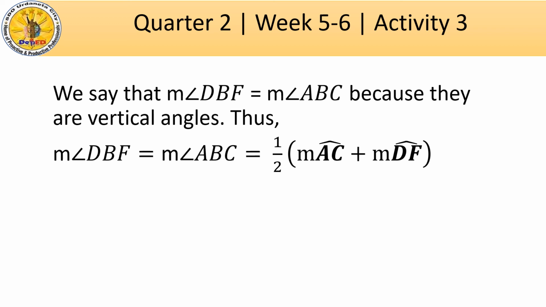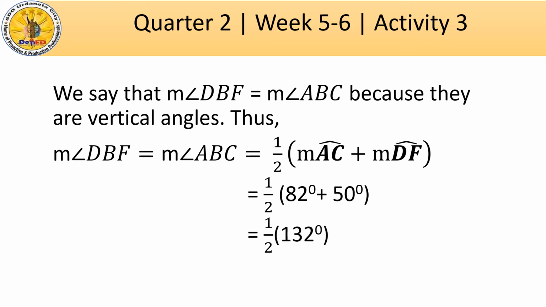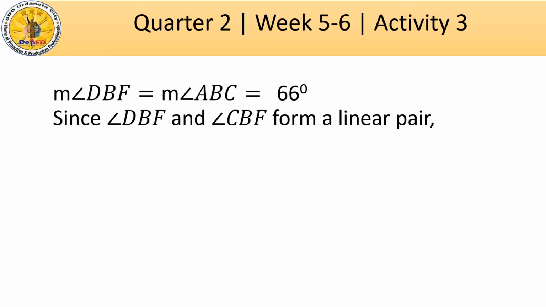So by simplification, we have now 1/2 the sum of 82 degrees and 50 degrees is equal now to 1/2 of 132 degrees. The measure of angle DBF is equal to the measure of angle ABC. It's equal to 66 degrees.